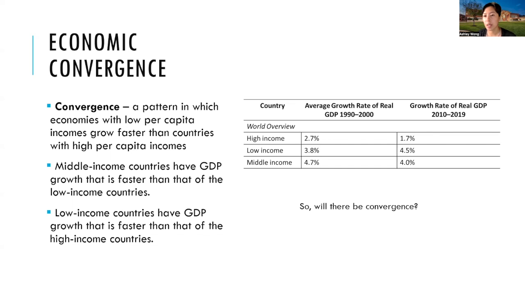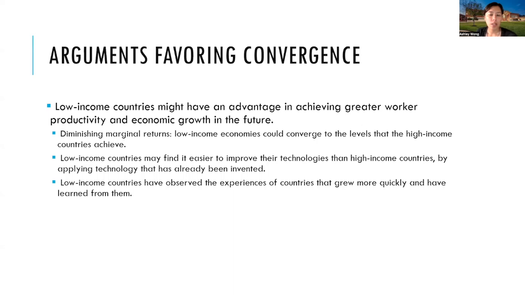Is convergence something that we can reasonably expect to happen over time as these countries are growing? Some of the arguments favoring convergence, these are arguments that are used to say that we do believe convergence could happen, is that low-income countries might have an advantage in achieving a greater worker productivity than these higher income countries did.